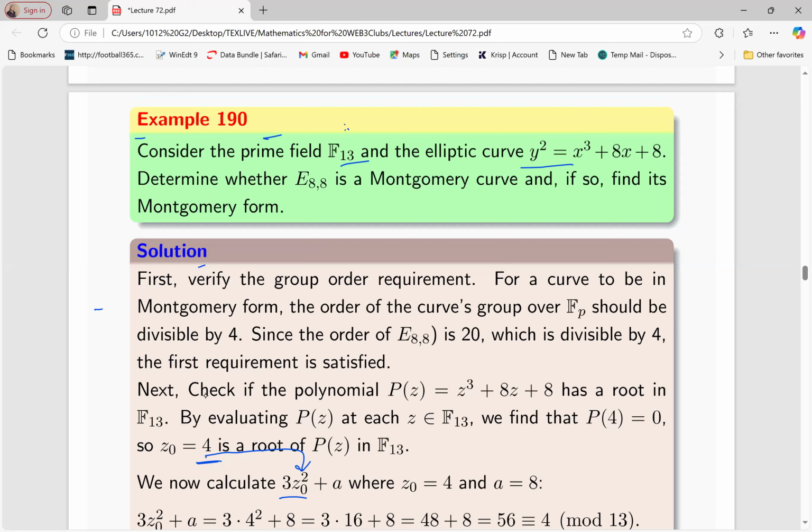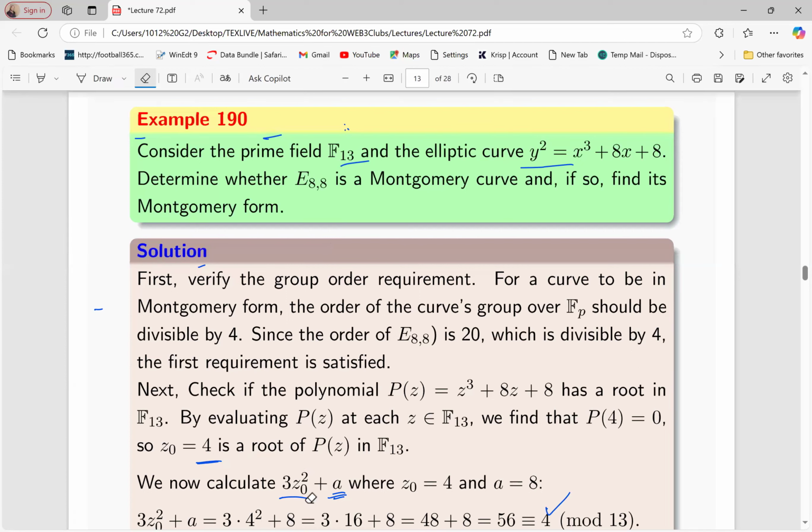This 9, add A, which is 8 in our case. 9 plus 8 is 17. Mod 13, that is 4. So we found that the third condition has also been satisfied.